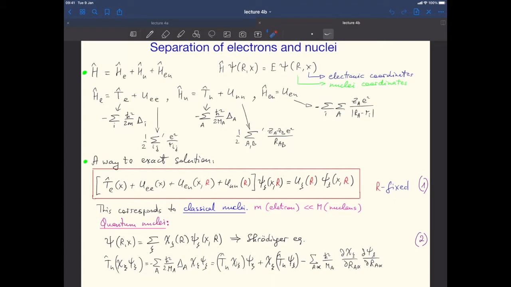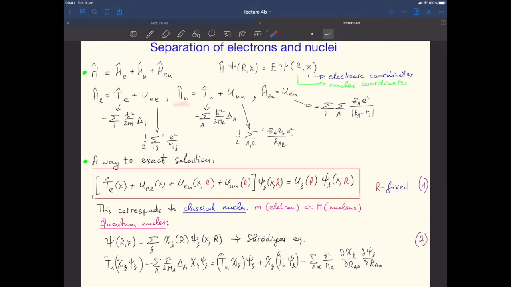And of course, as happens in quantum mechanics, this Schrödinger equation may have many solutions. You will get the ground state, the first excited state, and so on. So what are these Hamiltonians? The electronic Hamiltonian contains the kinetic energy of electrons and the interaction of the electrons with themselves.